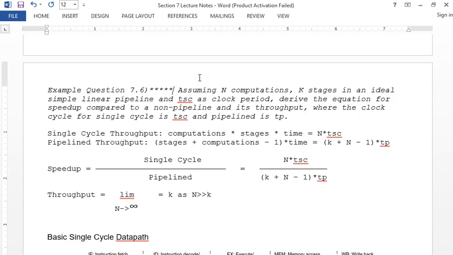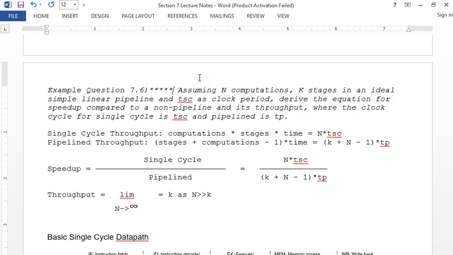So we go back to section 1. We're going to use our speedup equals single cycle over pipeline to get our performance. So how do we calculate single cycle? We have the number of instructions times that single cycle, right?